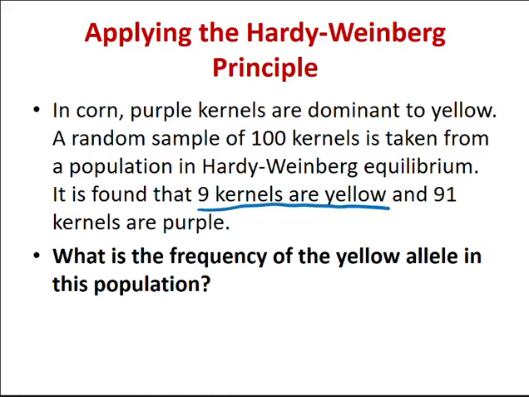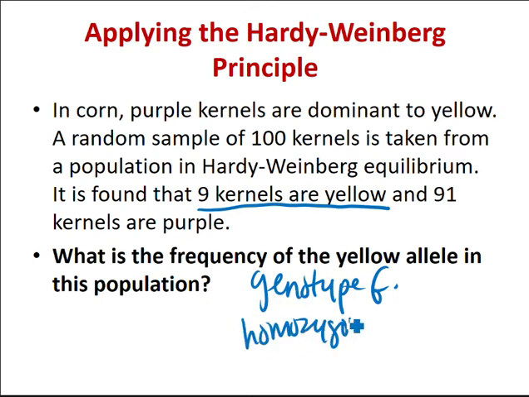9 kernels are yellow, meaning the genotype frequency for homozygous recessive in this population is 9.